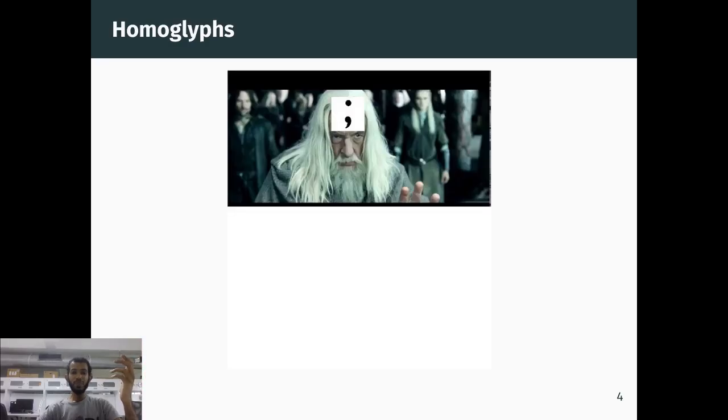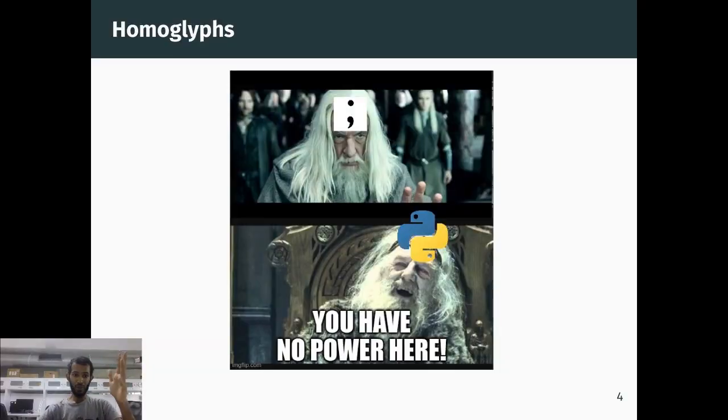Of course in the case of Python, semicolons play a less prominent role, although it can still be used to cause problems for us by means of homoglyphs. But there are other homoglyphs which can cause trouble for us, especially when they are used within strings or identifiers.